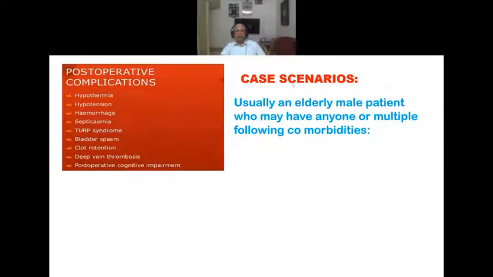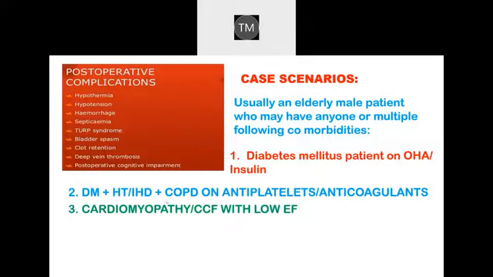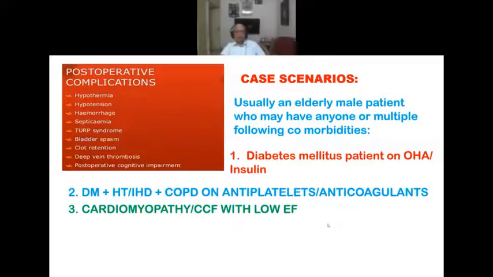And whenever you get a patient for this, the normal case scenario is an elderly male patient who may have the following comorbidities. They may be diabetic on OHA or insulin, diabetes with hypertension and COPD, on antiplatelet and anticoagulant. Or there may be cardiomyopathy, or a patient with congestive failure and low EF.